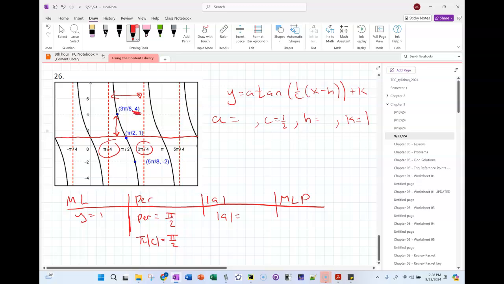Going from 4 to 1 is 3. So it's plus or minus 3. Can you tell me if it should be plus or minus and why? It is minus. Why? So you're going down, up to down, right? So that's correct.